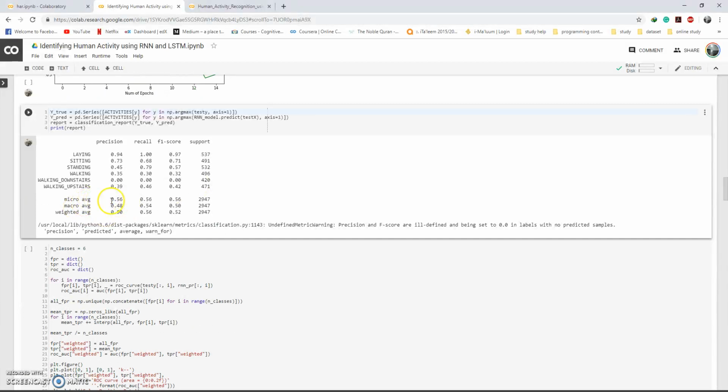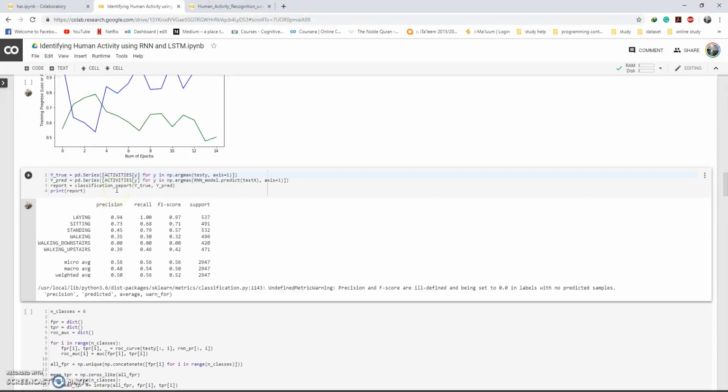If we sum them up, it gives a pretty bad result because no activities were identified as walking downstairs, and the average would be around 56%.